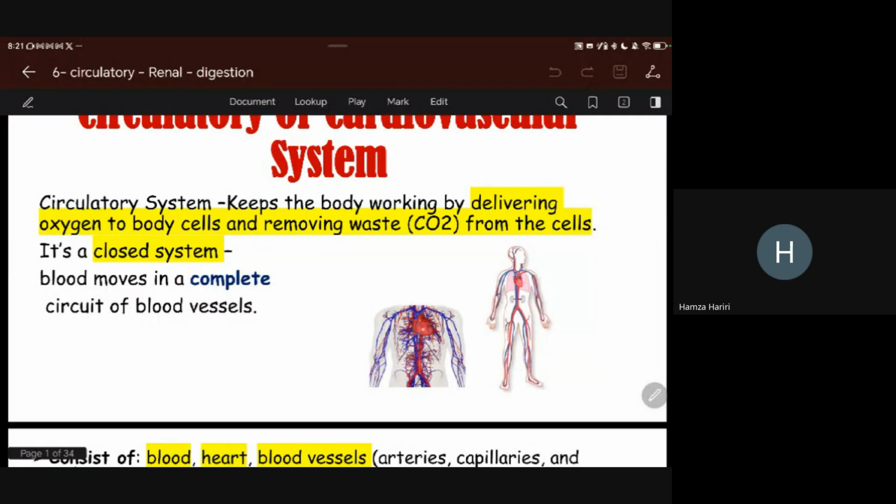After the cells use this oxygen, they produce waste, and one of these forms is carbon dioxide. So after the cells use up the oxygen, they turn it into carbon dioxide and throw it back into the blood. So the blood goes back again, which is the second circuit, into the heart, so that it can go to the lungs and dispose of it.